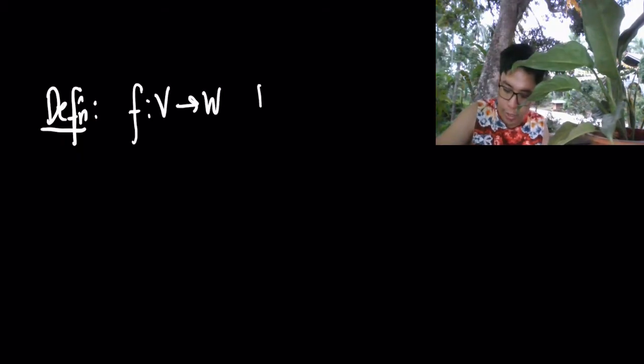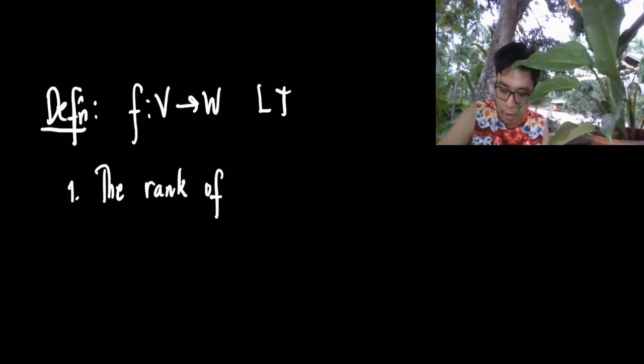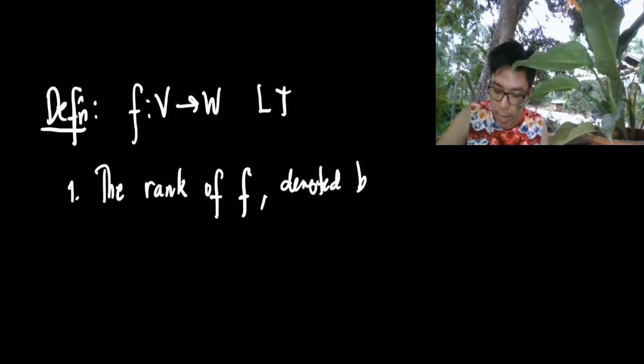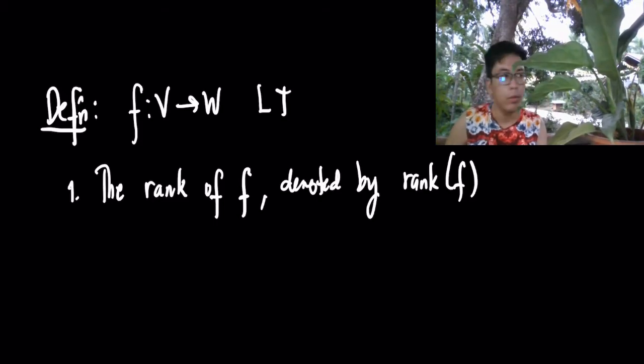Okay, so we will now introduce another concept here. Let's say we have a definition. Let's say our function f from V to W is also a linear transformation. The first is the rank of f, denoted by this.